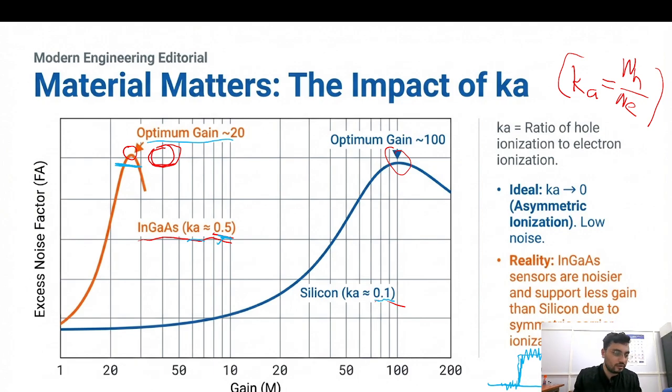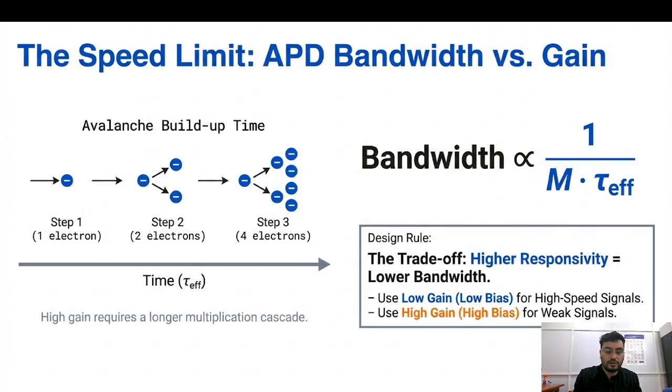Okay, so talking about the bandwidth of APD, because we think we can get more and more gain in APD, noise also will increase. It can also be tuned if we are talking about the Ka value. Based on the material, we can tune the Ka, and based on that we can have less noise, and noise also can be reduced by number of time accumulation.